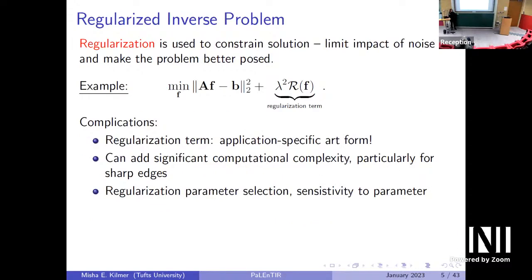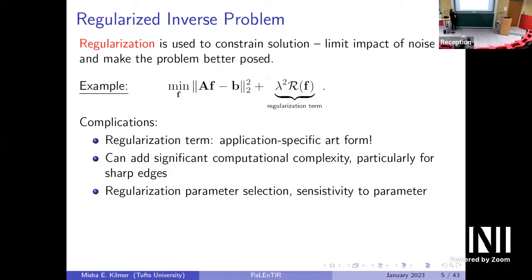As soon as we start talking about regularization, most people are familiar with this sort of Tikhonov regularized approach, where you take the data misfit term, this is in the linear case, and tack on some kind of regularization term. The regularization term is meant to enforce some kind of a priori knowledge that you have on the solution.